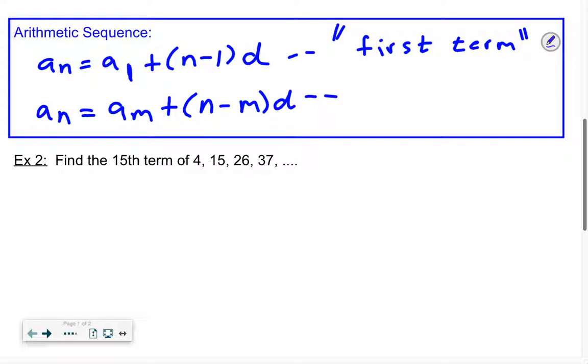There it is. So this is the one we're going to use when we're not given the first term or not solving for the first term. If I had to only give you one of these two, obviously I'd give you the second one. Because if you wanted to solve for the first one, you would just make your m 1.